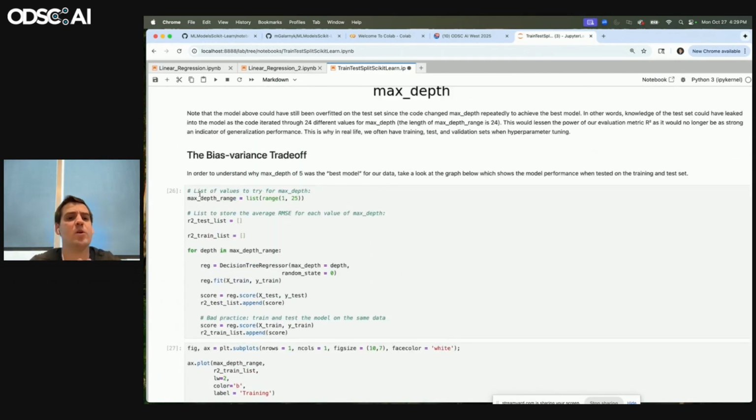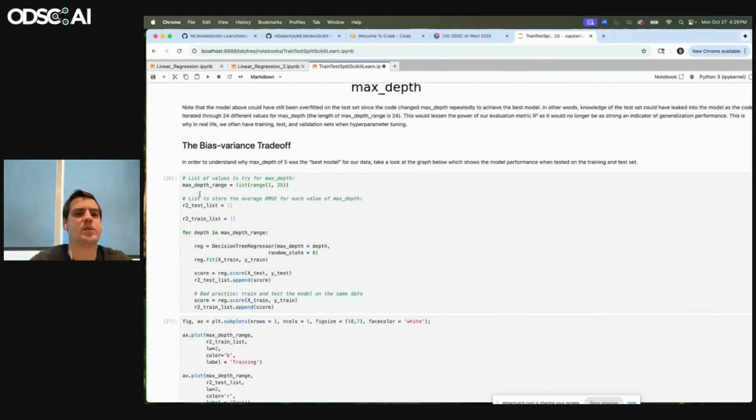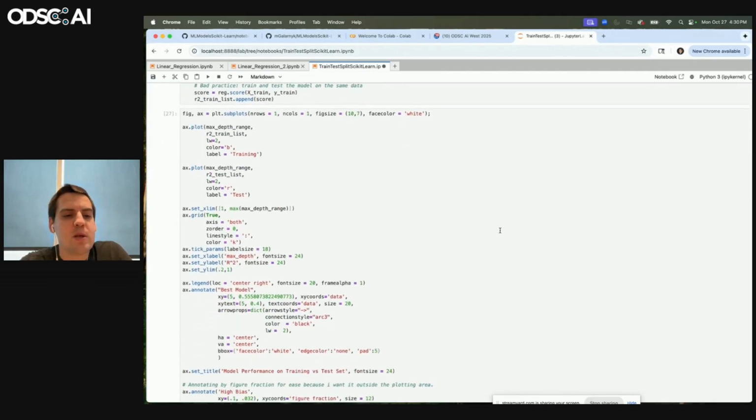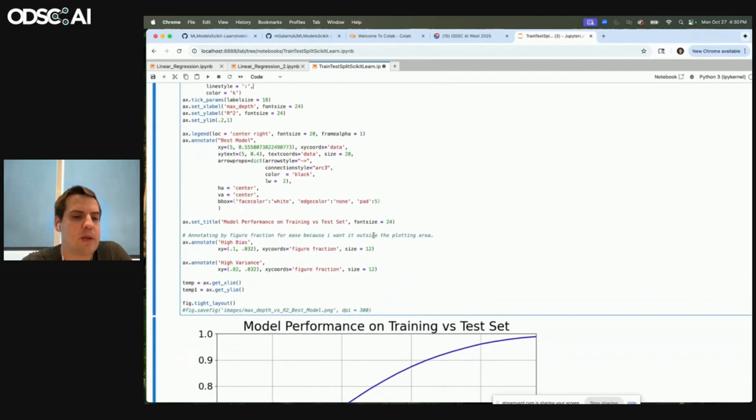And don't worry if this code seems like a lot. Part of the reason why there's so much code here is I want to be able to explain something through visuals. So in order to understand why a max depth of 5 was the best model for our data, you can take a look at the graph below, which shows the model performance when tested on the training and testing set. This code is just advanced Matplotlib, and you can get this from GPT.